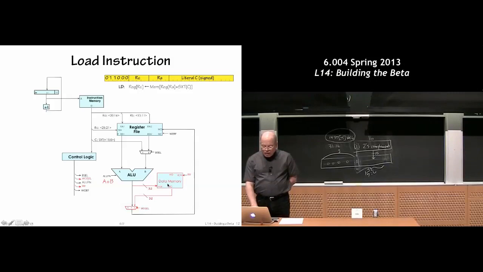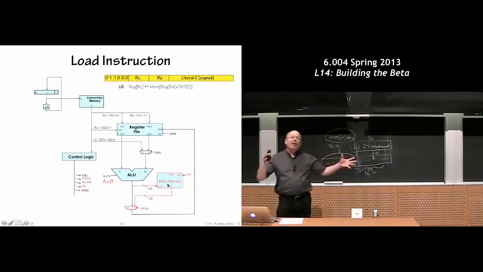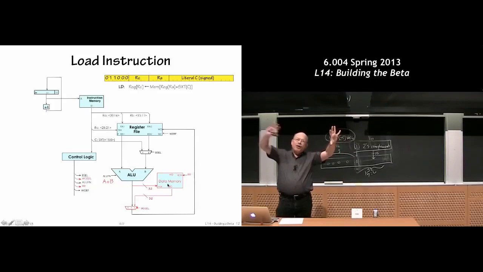The instruction memory and the data memory are actually the same memory, it's just two separate ports. I can ask the memory both for an instruction word using one of its read ports, and on the other read port, I can ask it for a different address.